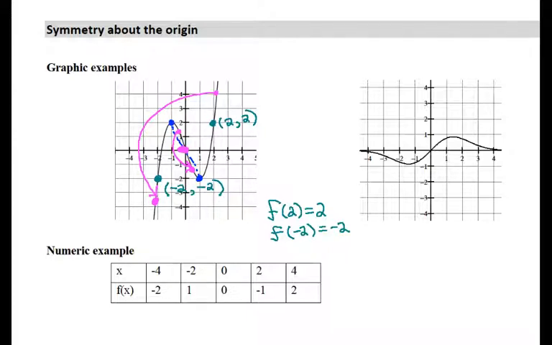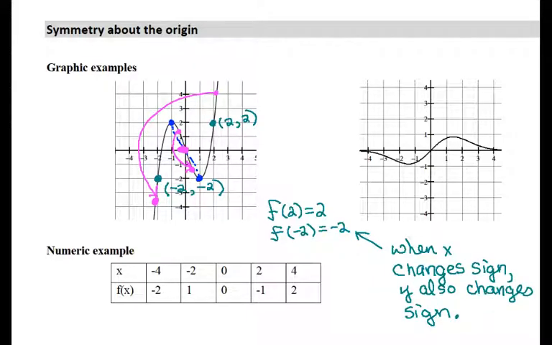What I can see here is that when x changes sign, y also changes sign. To contrast that with what happened in symmetry about the y-axis, we could say there that when x changes sign, y does not change, right? Here we see when x becomes the opposite, y becomes the opposite as well.